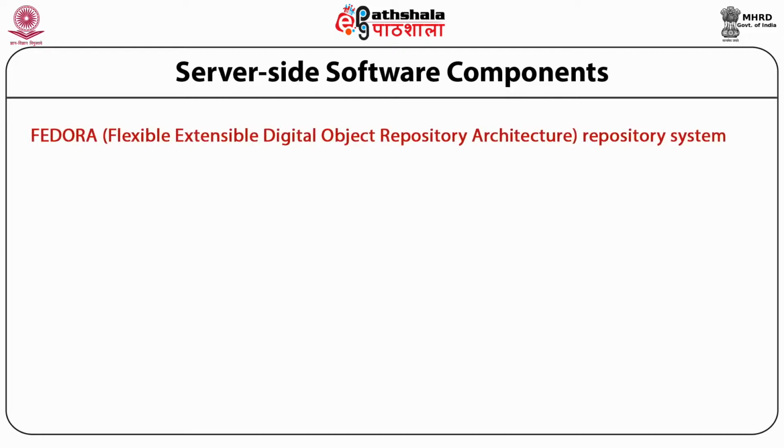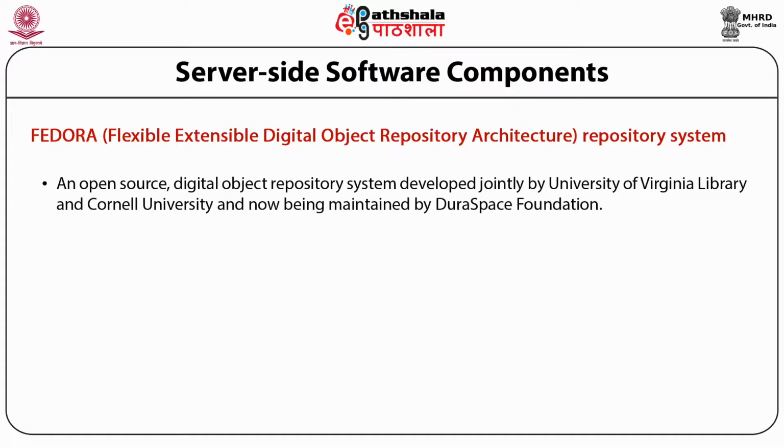Fedora, that is Flexible Extensible Digital Object Repository Architecture, popularly known as the Fedora Repository System, is again an open source digital object repository system developed jointly by the University of Virginia Library and Cornell University and now being maintained by the DuraSpace Foundation.